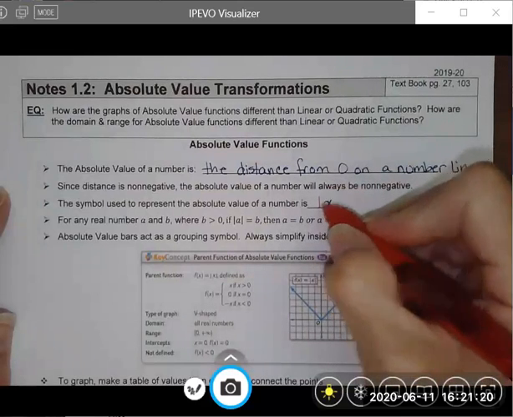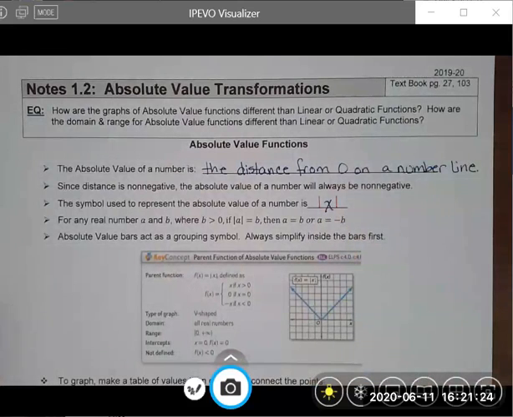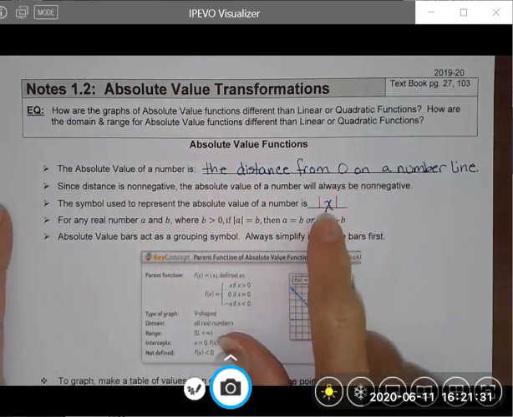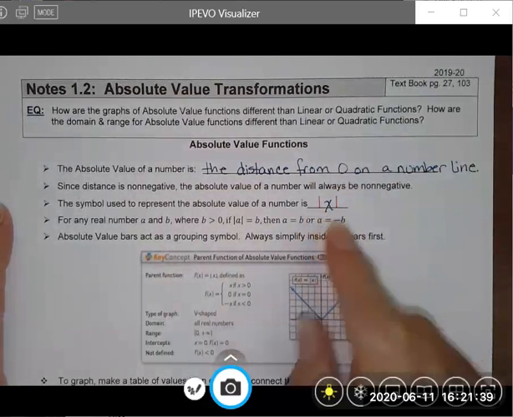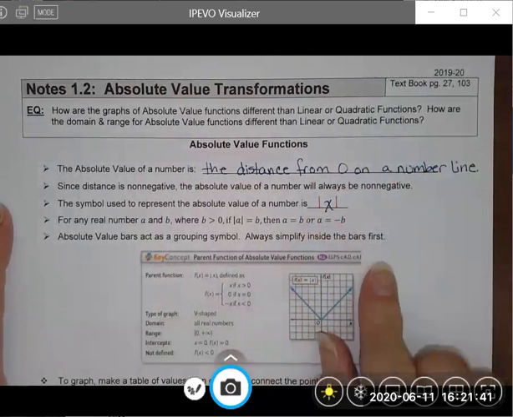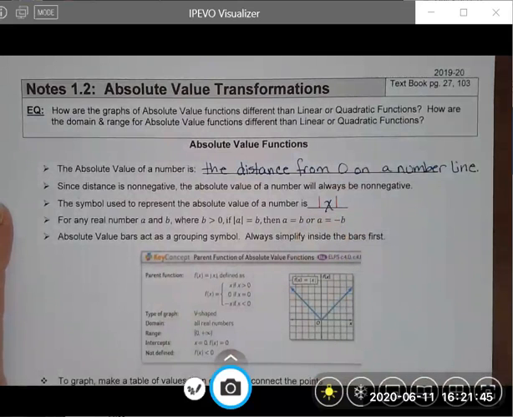We have a special symbol that we use for any absolute value. We put these vertical bars around a number or a function, and that indicates to us that we are taking the absolute value of whatever the inside of the absolute value bars evaluates to. And folks, the absolute value bars act as grouping symbols. So much like you use parentheses and brackets and you follow order of operations, the absolute value bars are also grouping symbols.